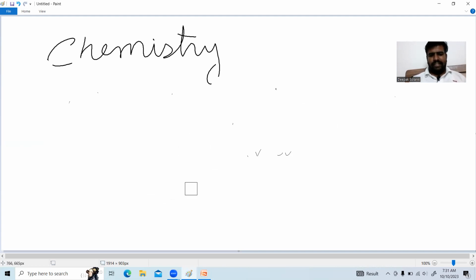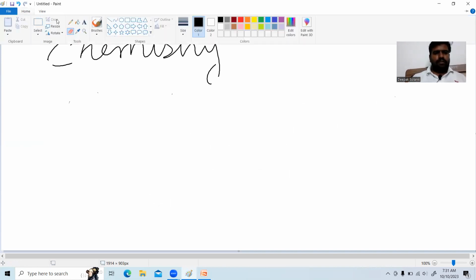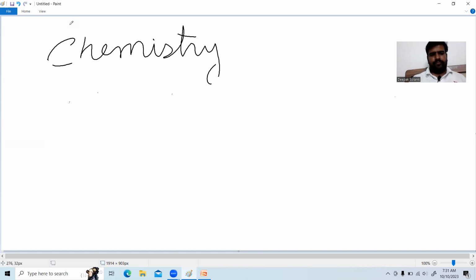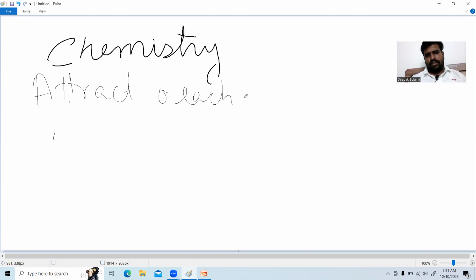They have kinetic energy by which they move, the ability to flow is the kinetic energy, and they attract each other with some force of attraction.